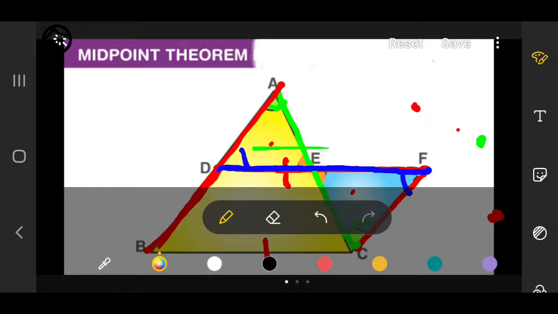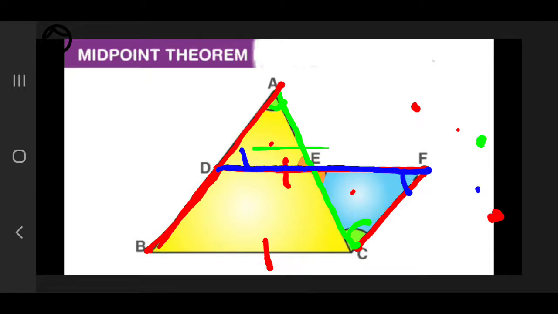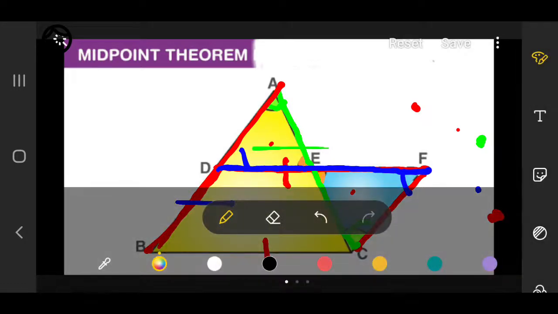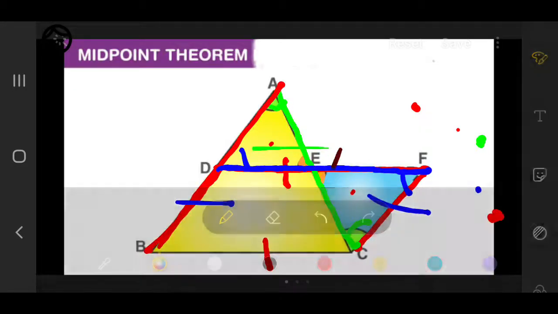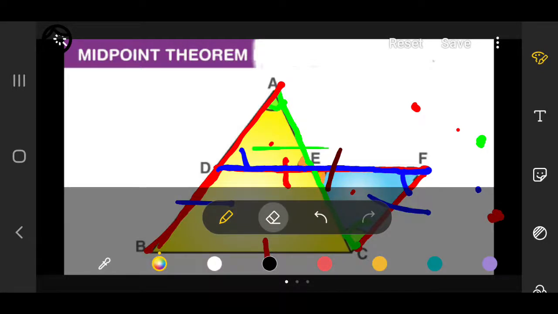Yes. What about quadrilateral DFCB? DFCB is a parallelogram. Why? Here we know that DF is parallel to BC, and DB is parallel to FC, and again DF is parallel to this BC.